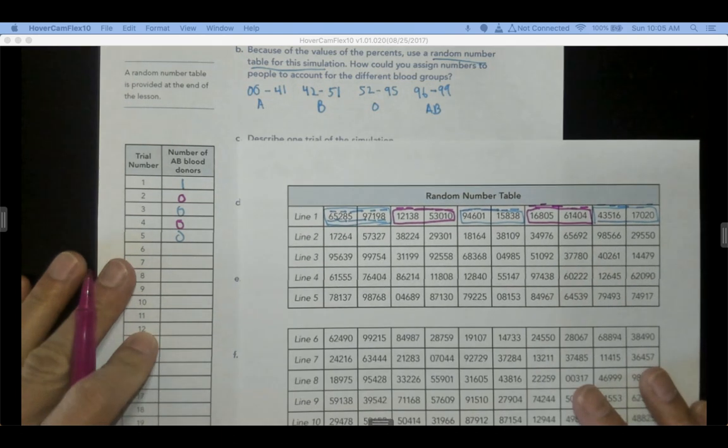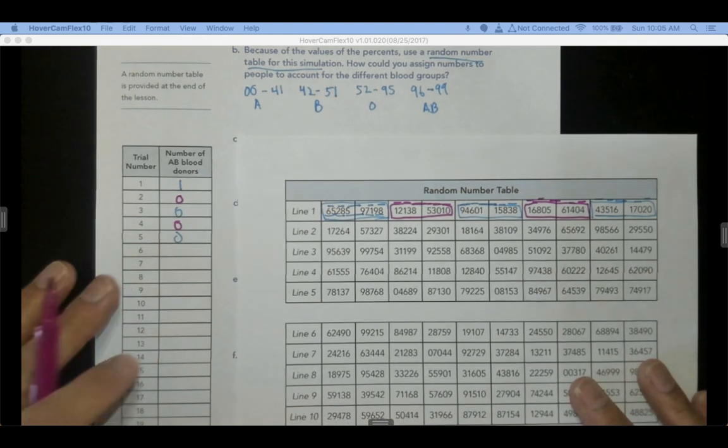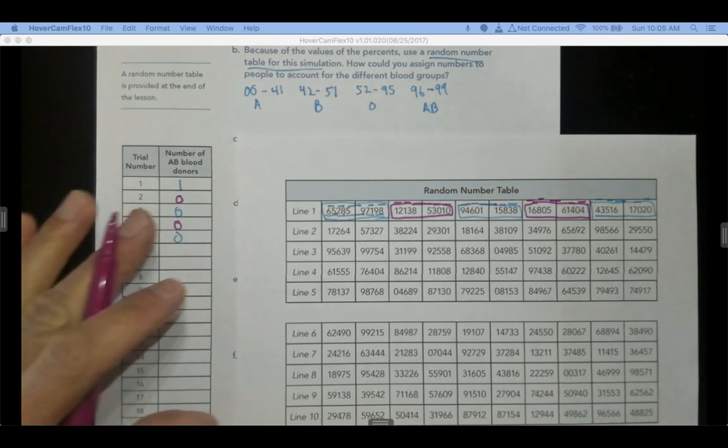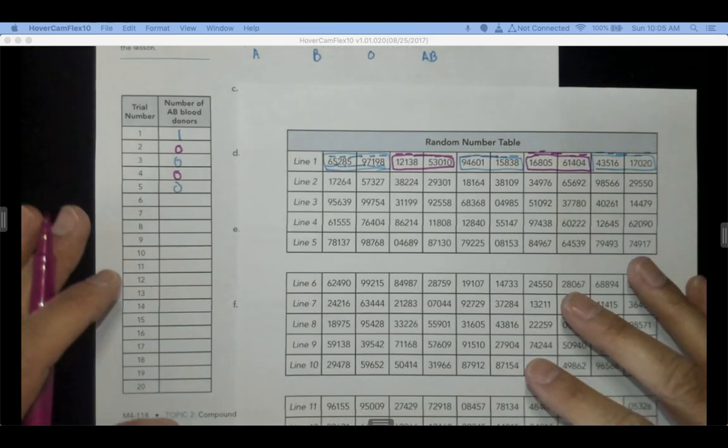Okay. Going down to line 2 now. And like I said, I could randomly choose this however I would want, actually.